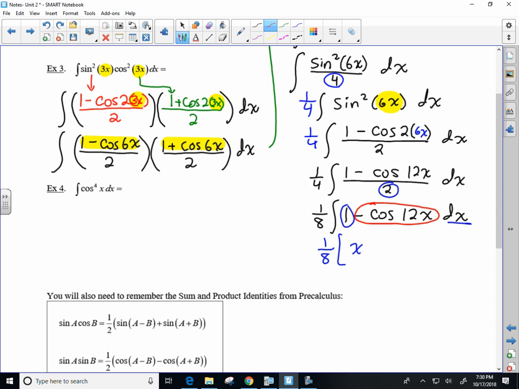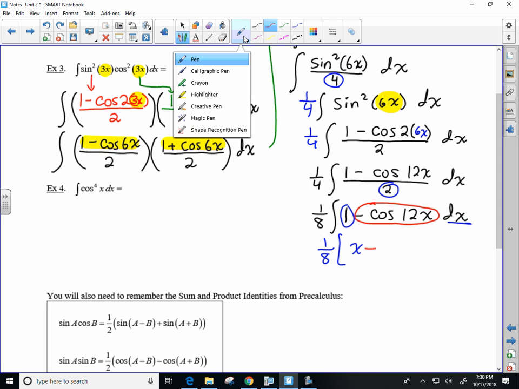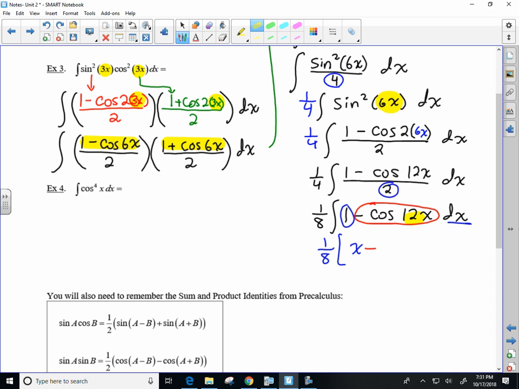But in this case, I know I have a minus sign, so let me carry down the minus sign. So I'm going to just focus on cosine of 12x. The antiderivative of cosine is what? Sine. If my integrand has a 12x in it, my antiderivative is going to have a 12x in it. That's how a chain rule works.